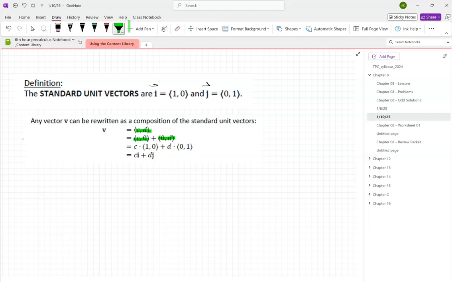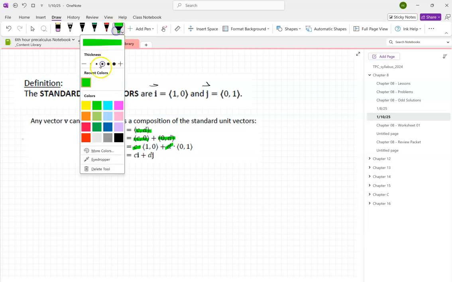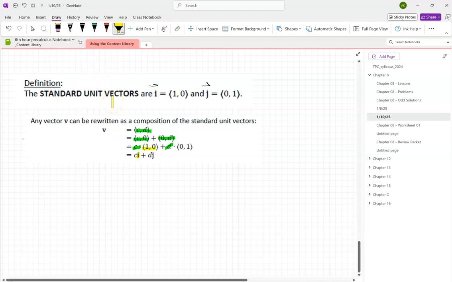If I add those two together, I just get c, d again. I can pull a scalar off of c, 0 and have c times 1, 0, and similarly with 0, d, I can pull the scalar d off and make that d times 0, 1. This is just my unit vector i, and this is just my unit vector j. So it allows me to take a component form vector and translate it into a sum of unit vectors, or difference, depending on whether the c's and d's are positive or negative.